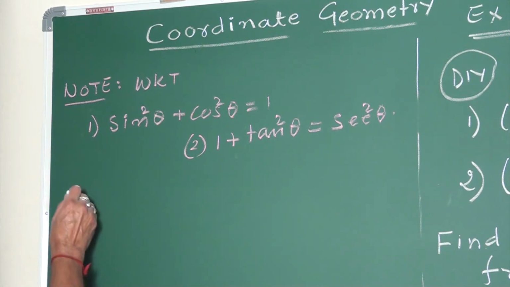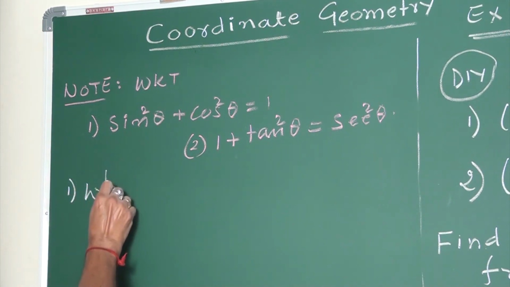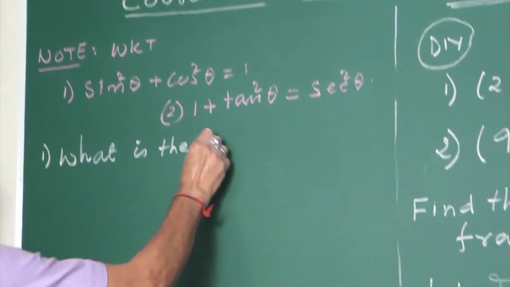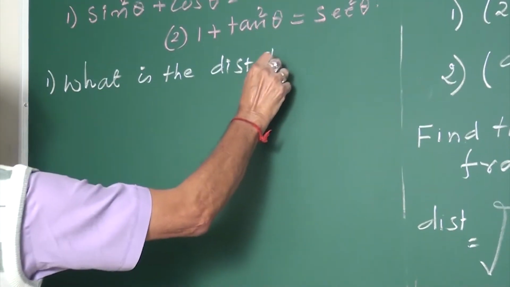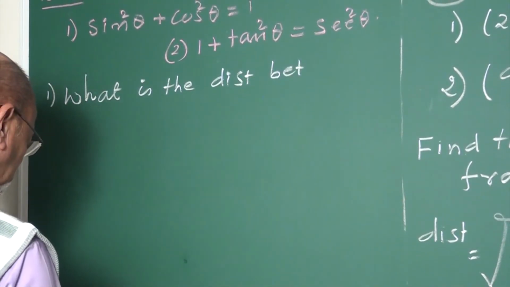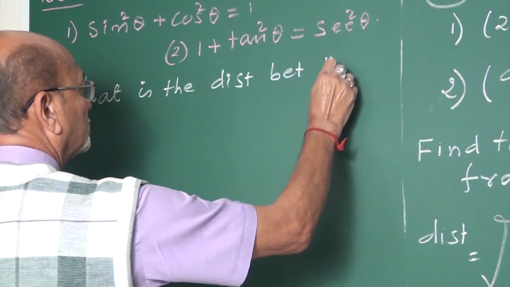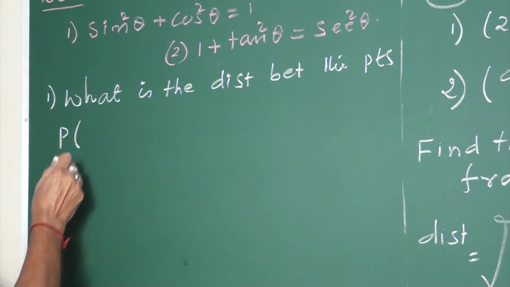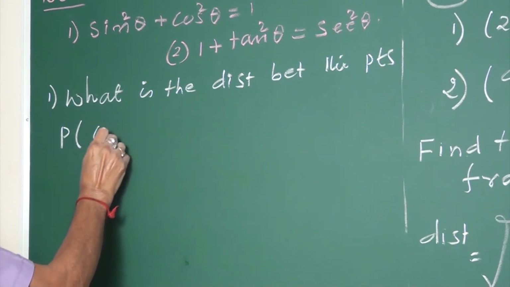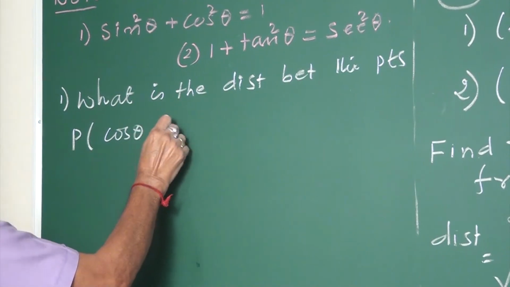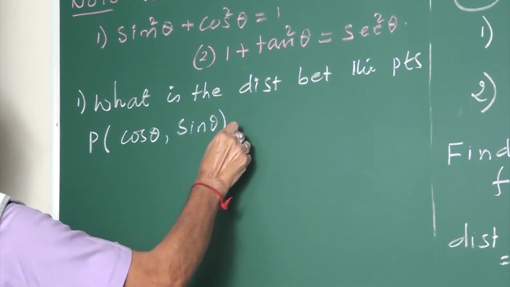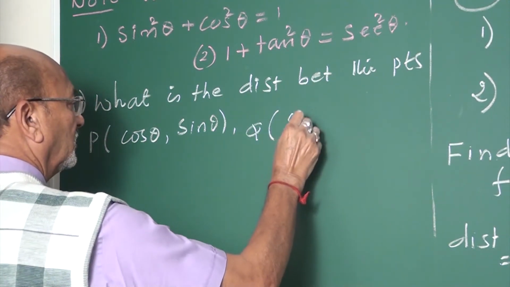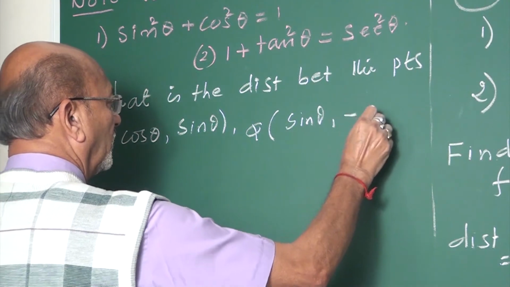What is the distance between the points P, cos theta comma sin theta, and Q, sin theta comma minus cos theta?